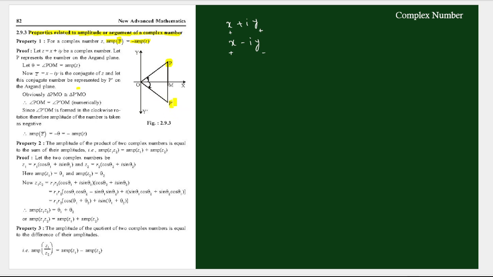It lies in the fourth quadrant, so first quadrant and fourth quadrant.